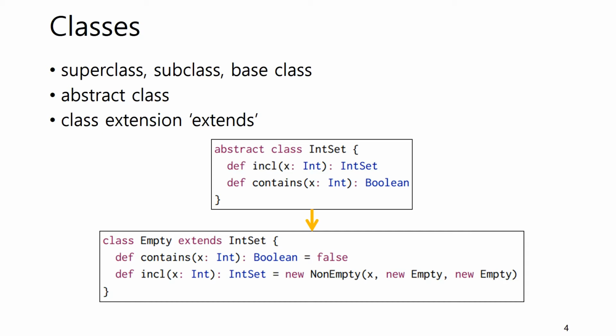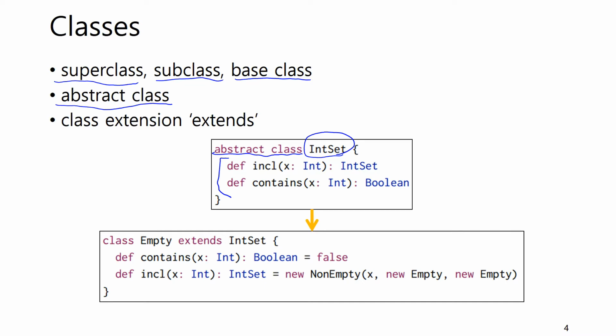Everybody knows the notion of a superclass, subclass, and base class. And we can have an abstract class, which is a class with methods that are not implemented yet. Here's an example of abstract class IntSet. This IntSet is abstract because the two methods here are left unimplemented.